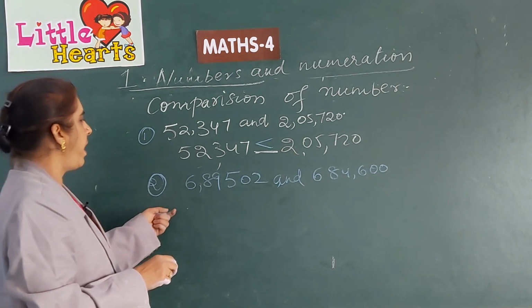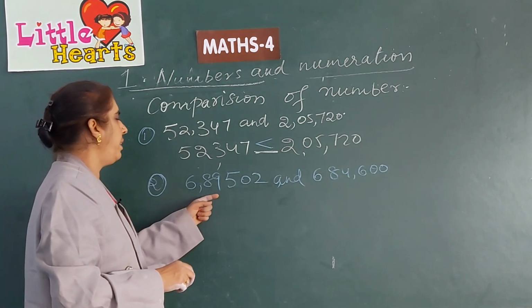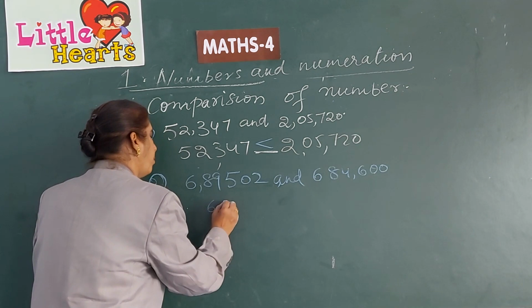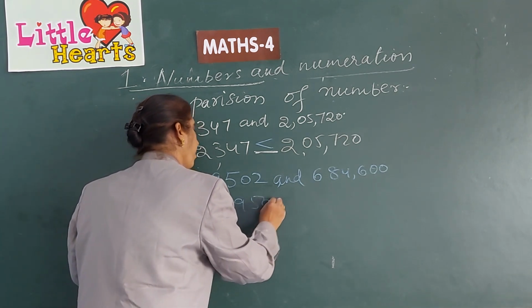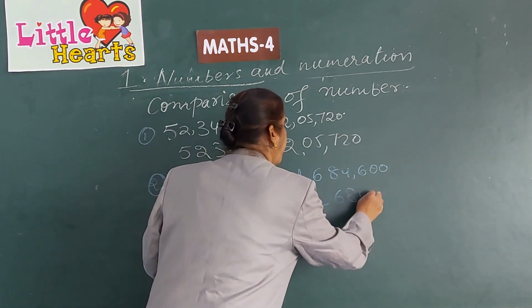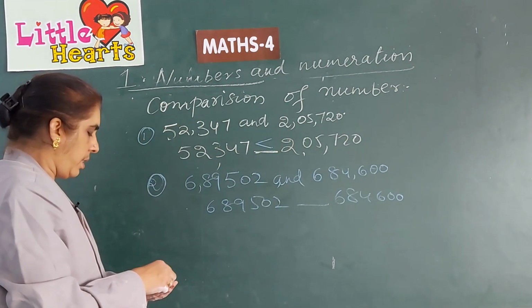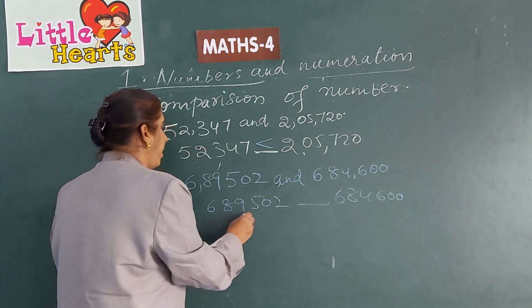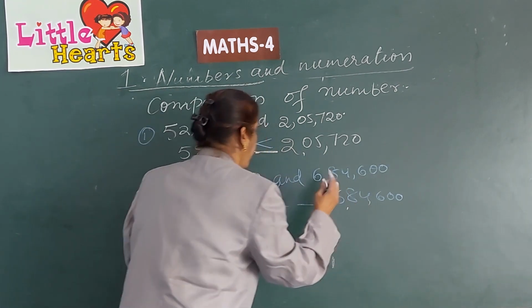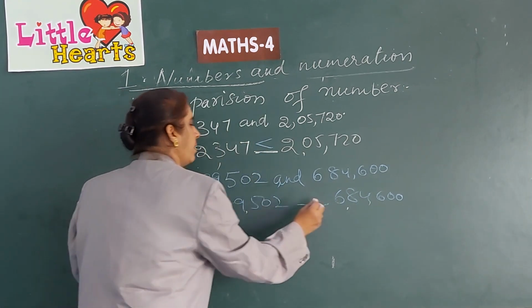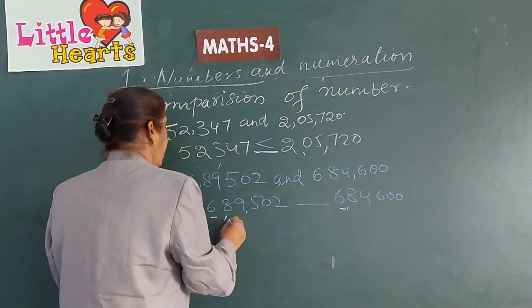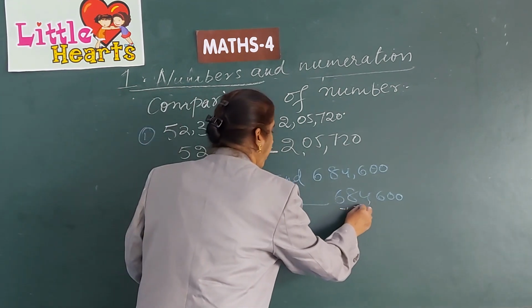Now compare 6,89,502 and 6,84,600. So start comparing from extreme left. 6, 6, 8, 8.